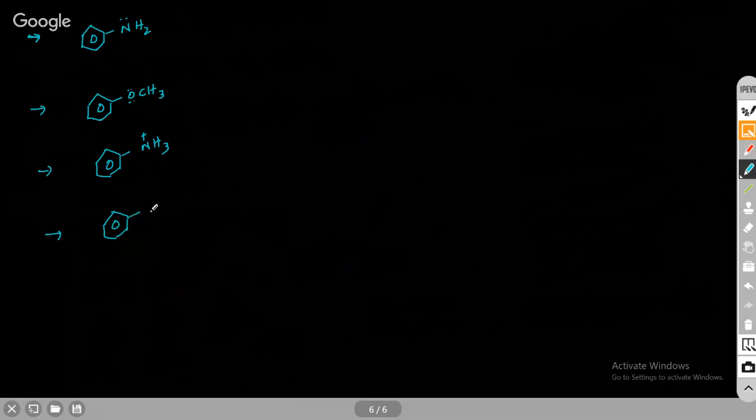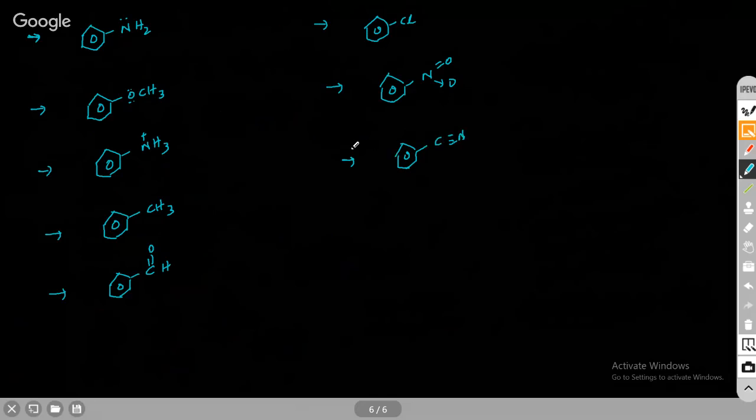On benzene ring, we have CH3 attached on it. We have CHO attached on it. On benzene ring, we have chlorine attached on it. On benzene ring, we have NO2 attached on it. C triple bond N attached on it.